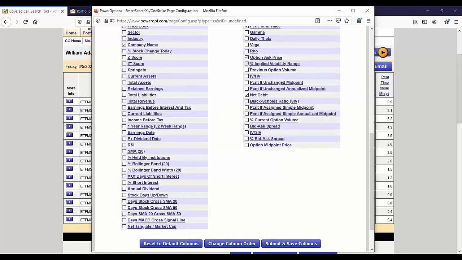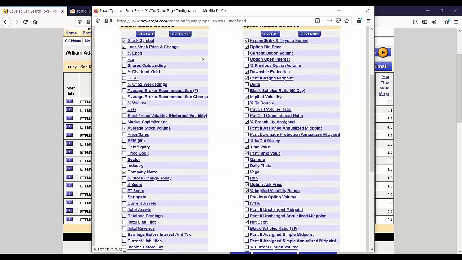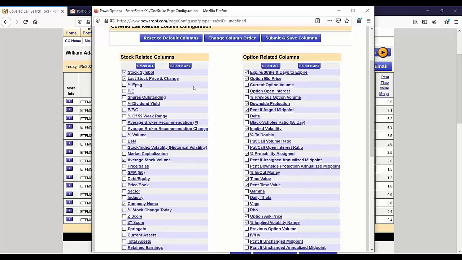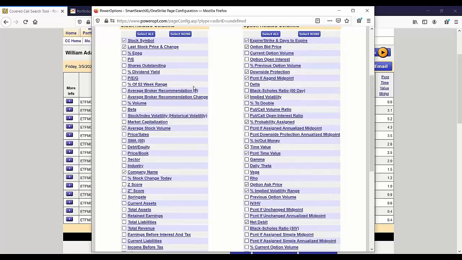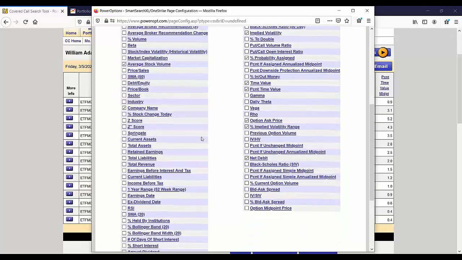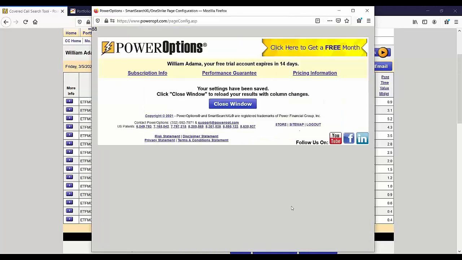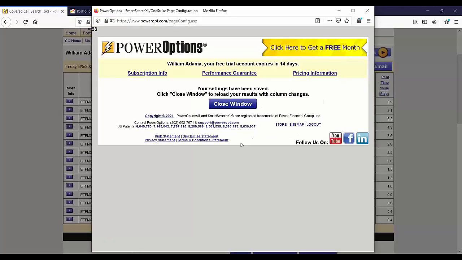I might as well add the percent implied volatility range as well. Okay, let's see, do I want to add anything else there? Sorry, folks, it's about to pop up. Okay, so let's just go ahead and do that now. We submit it and it asks us to refresh the page.